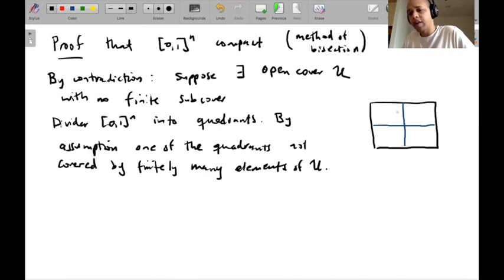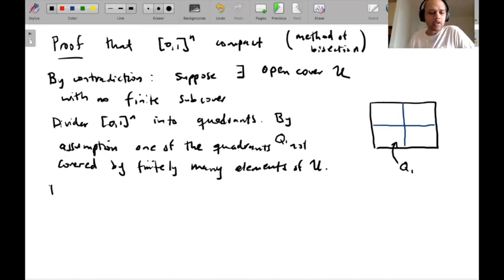If there were finitely many that covered each of these quadrants, then there would be finitely many that cover the whole thing. You just take the union of those finite collections. So there must be at least one of these, say Q1, which is not covered by finitely many elements of U.